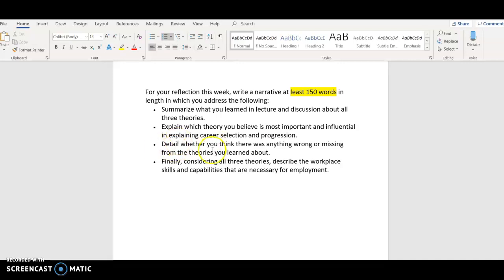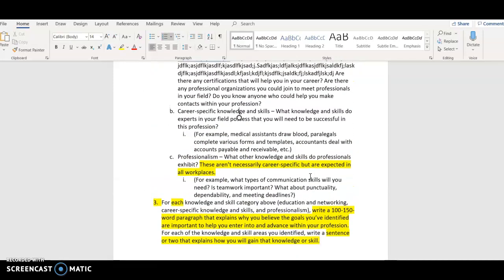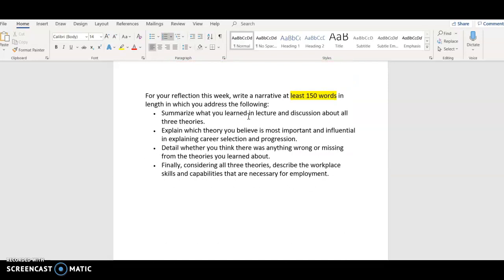And finally, considering all 3 theories, describe the workplace skills and capabilities that are necessary for employment. That goes back to what you listed in career-specific knowledge and skills. The items you listed in there are similar to what you're going to list in this last part, and that should give you plenty of information to get yourself to 150 words.